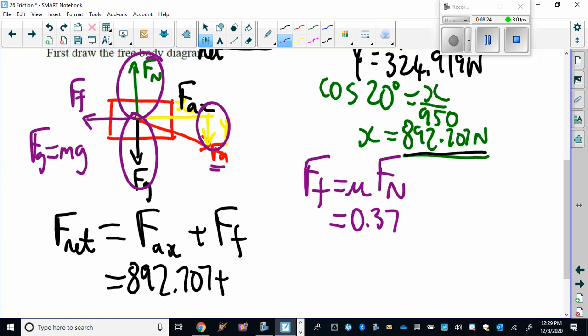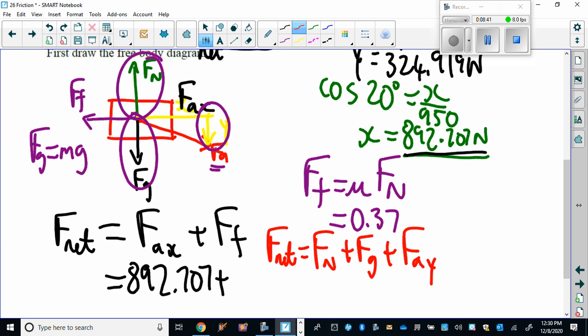So I need to use all those three forces. I'm going to write a net force statement: net force for the vertical component equals the normal force plus the force of gravity plus the applied force, the y component. Those are the three forces acting in a vertical direction.